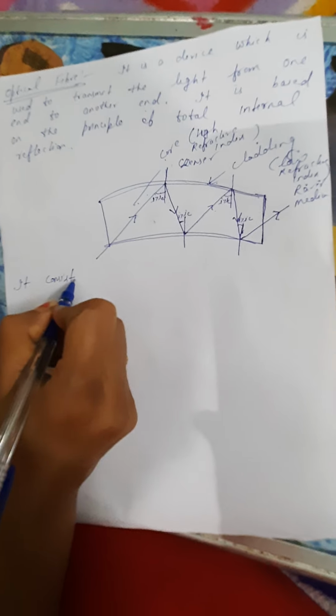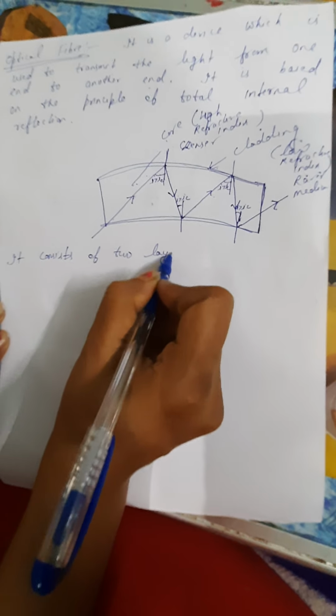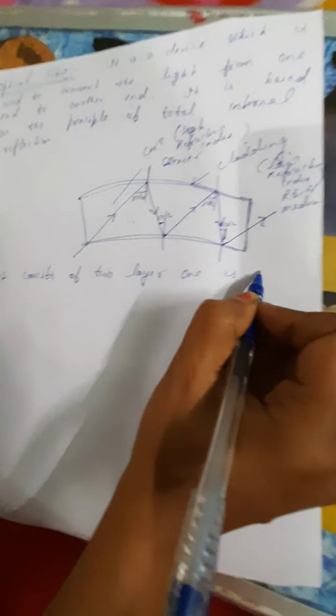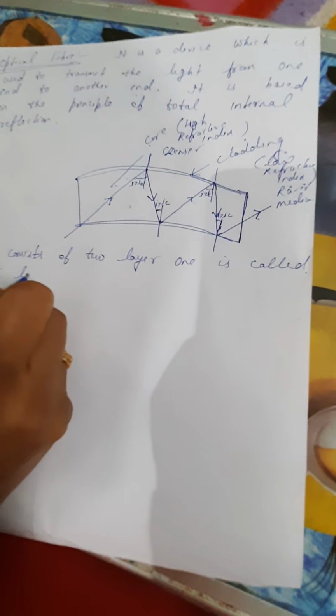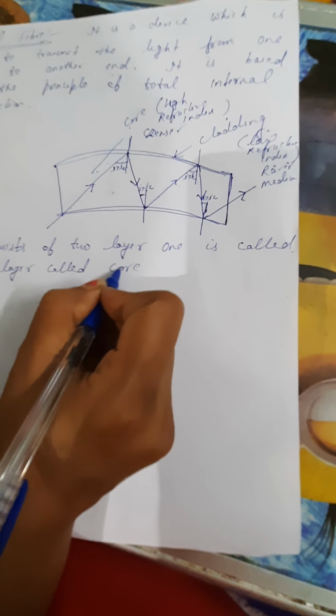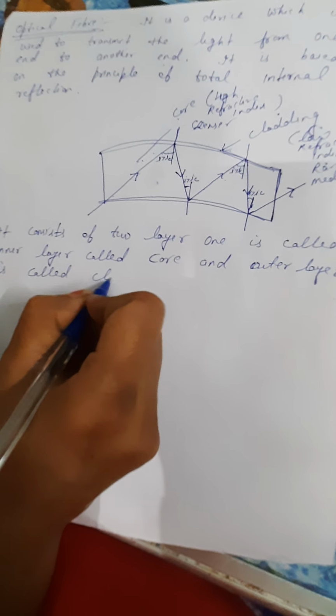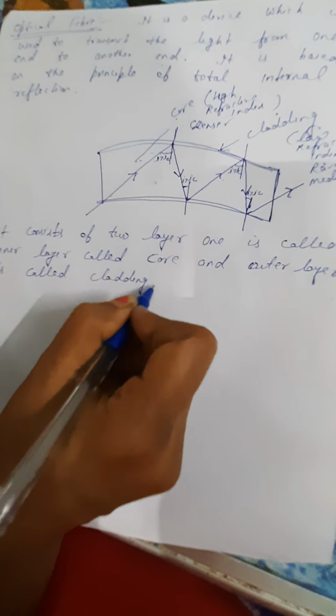It consists of two layers. One is called the inner layer, called the core, and the outer layer is called the cladding.